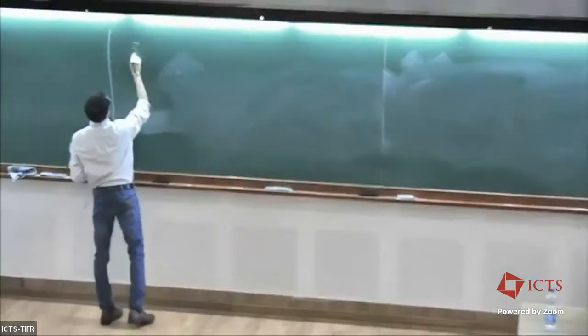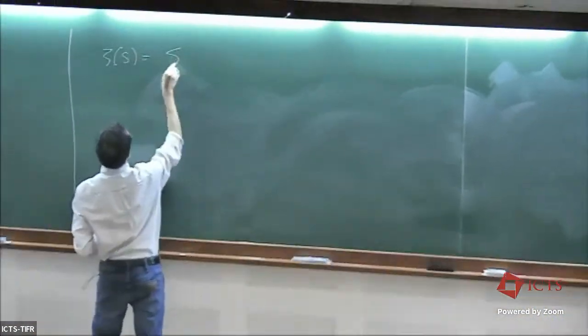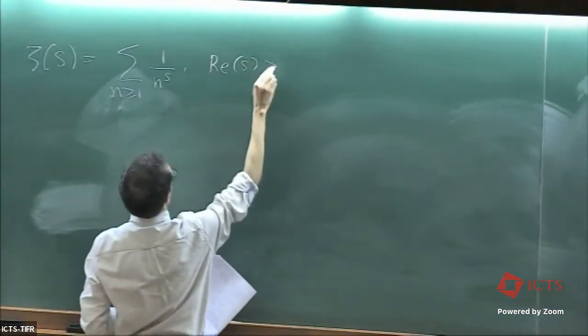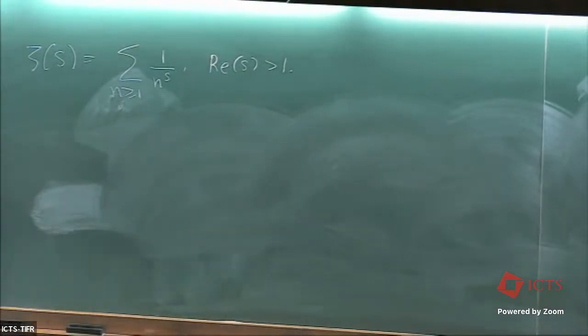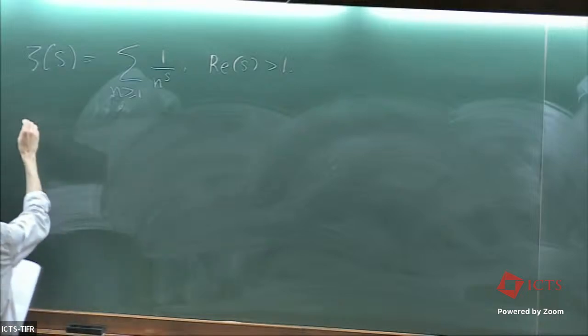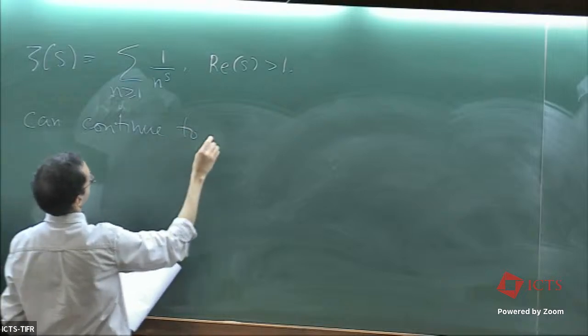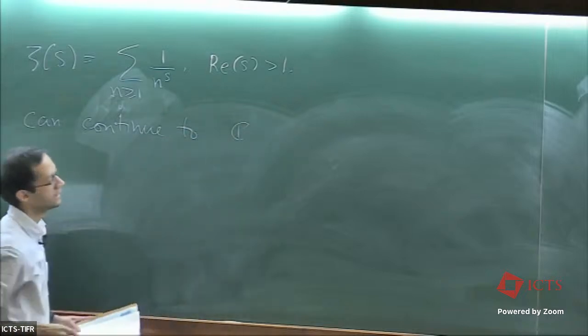So let's just write our Riemann zeta function, which we know a priori converges for real s bigger than 1, and that you can continue this to the whole complex plane.